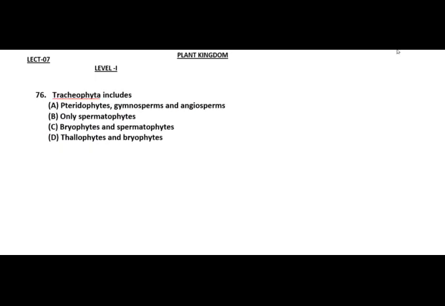Next question. Tracheophyta includes. Tracheophytes are plants that have vascular tissues.